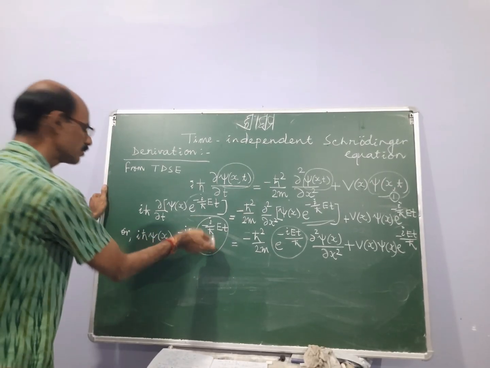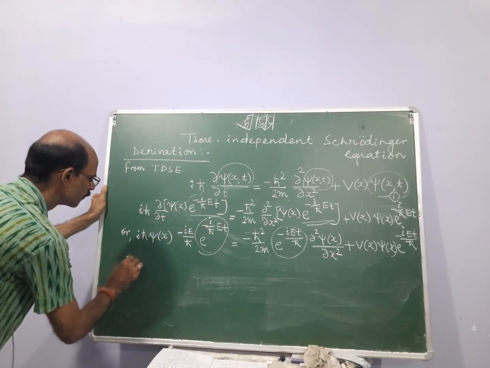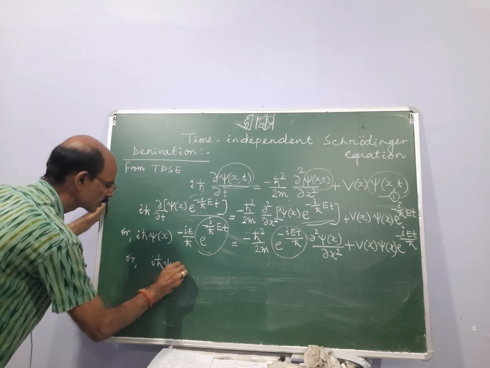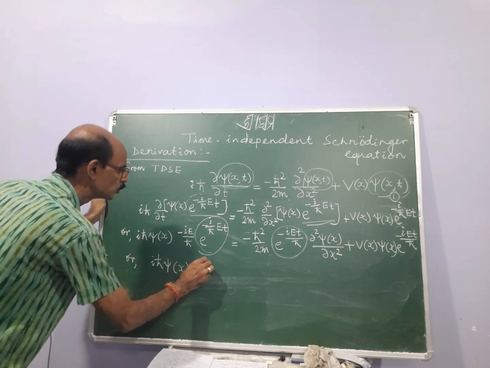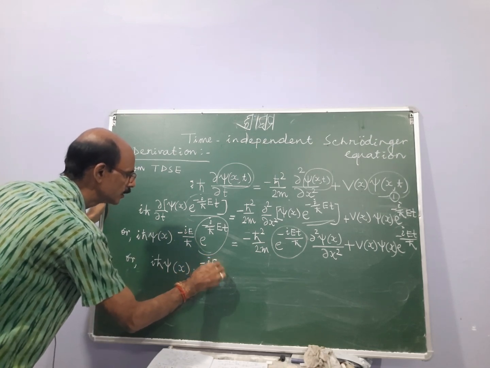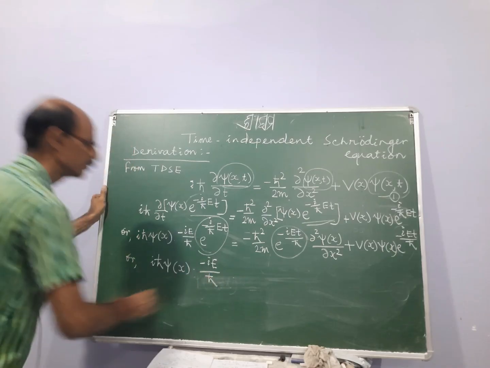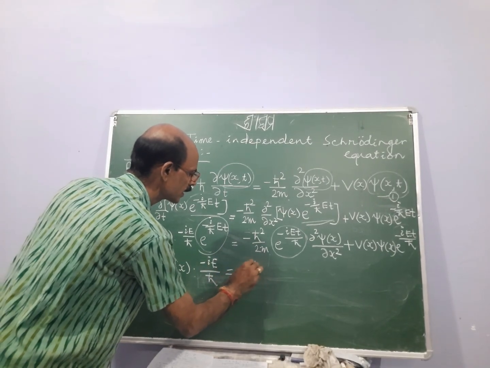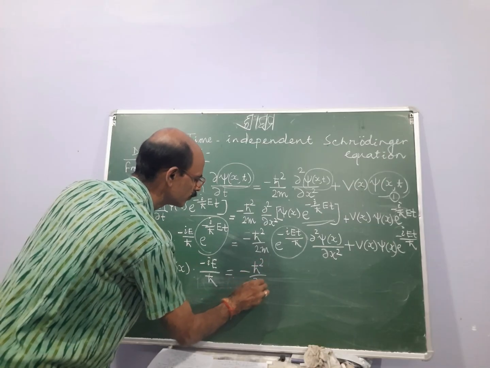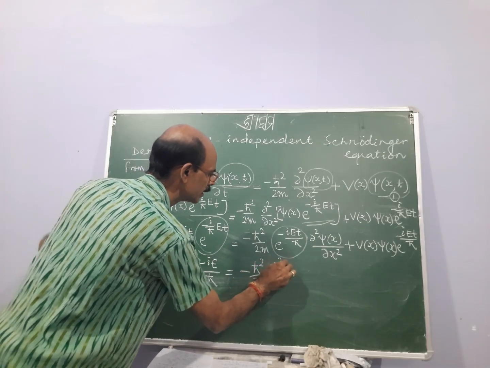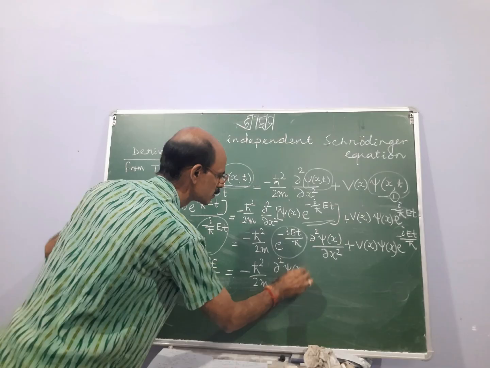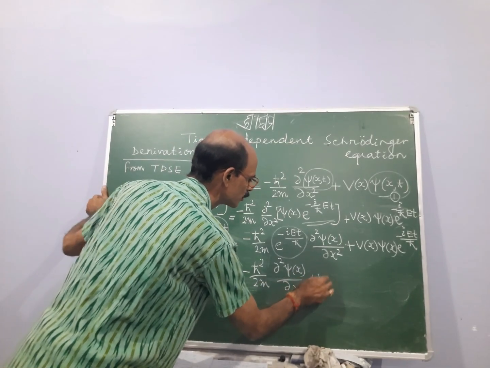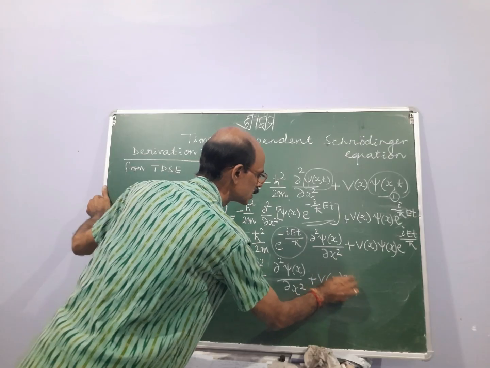Dividing throughout by this, we obtain i h cut psi x into minus i E by h cut is equal to minus h cut square by 2m del square psi x by del x square plus V x psi x.